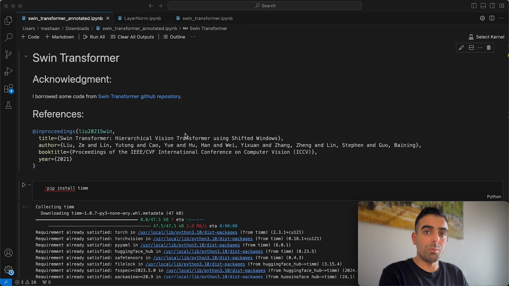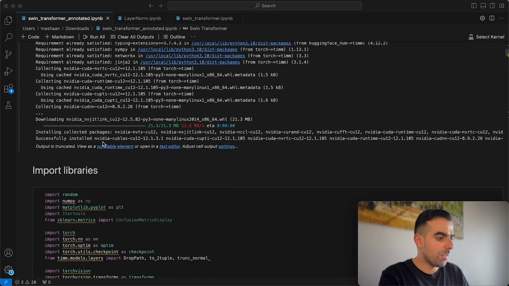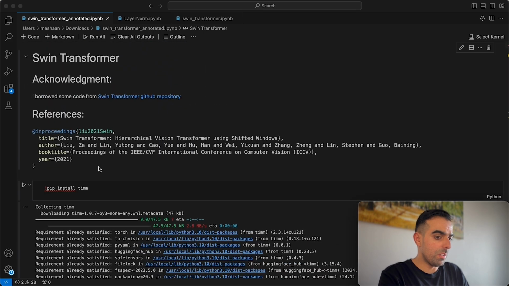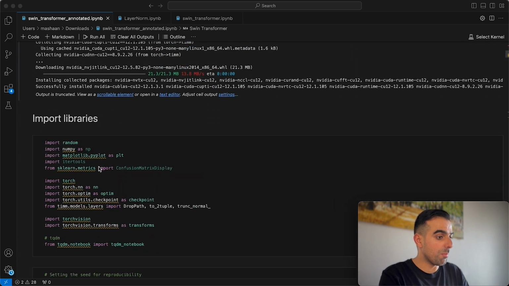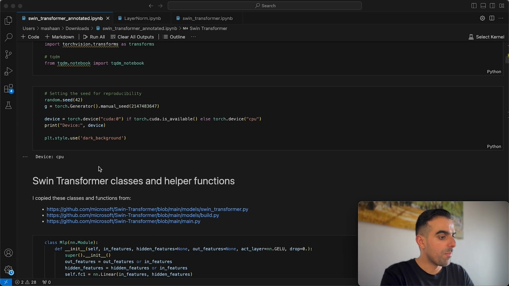So this is the code I'm working on. By the way, you can find all the notebooks that I'm showing in this video in the description below, on my GitHub. I borrowed some code from the Swin Transformer GitHub repository, and this is the BibTeX entry for the paper. I'm installing some dependencies and importing the libraries.